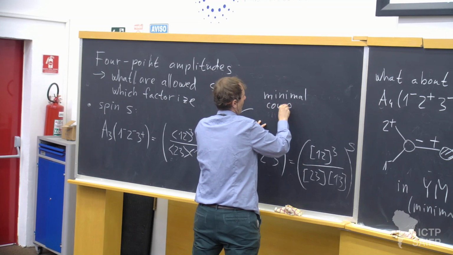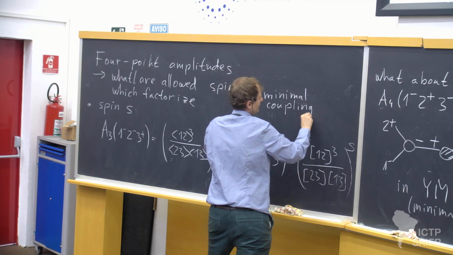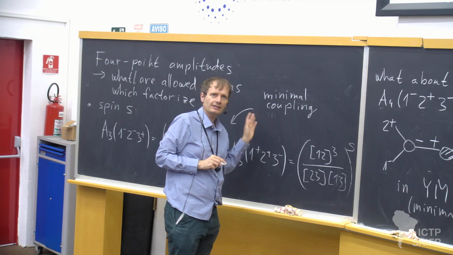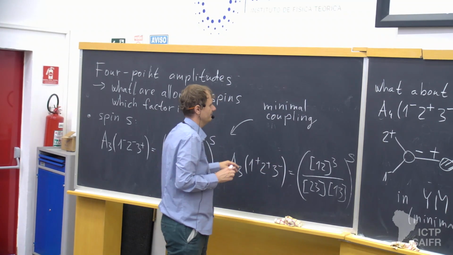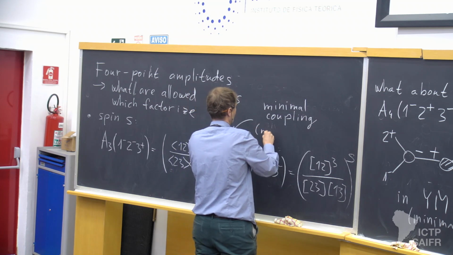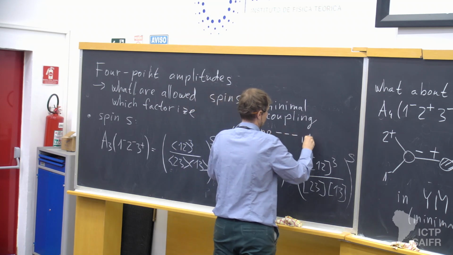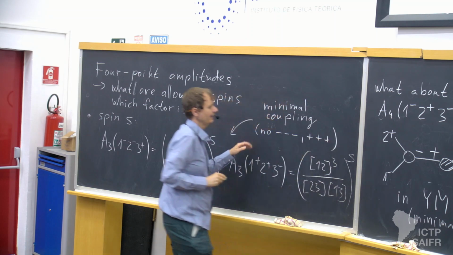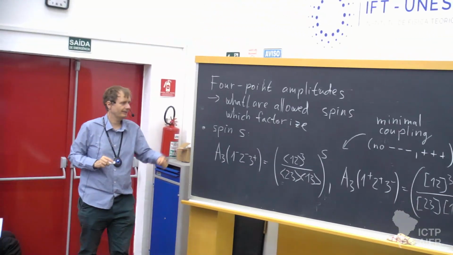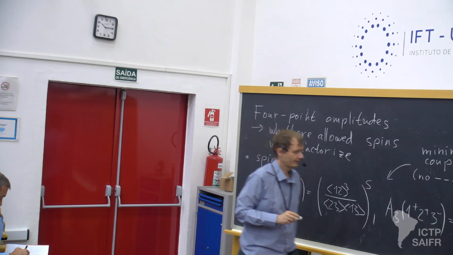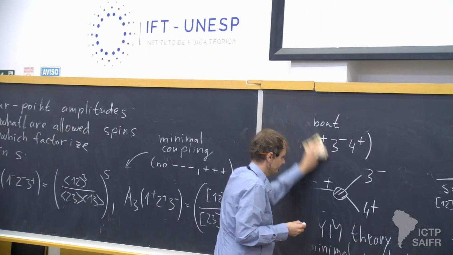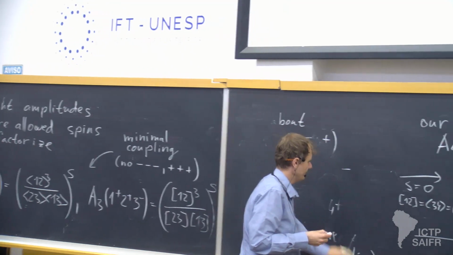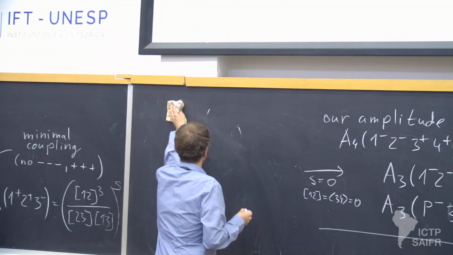We don't have the all plus or all minus amplitudes. We can run the argument with that as well, but it will go similarly. But we've assumed that we are in this minimal coupling, so we have no minus, minus, minus, or plus, plus, plus. The only amplitudes are minus, minus, plus, and plus, plus, minus, and the relabelings of that. So these are our 3-point amplitudes. Now we consider a 4-point amplitude for spin S.